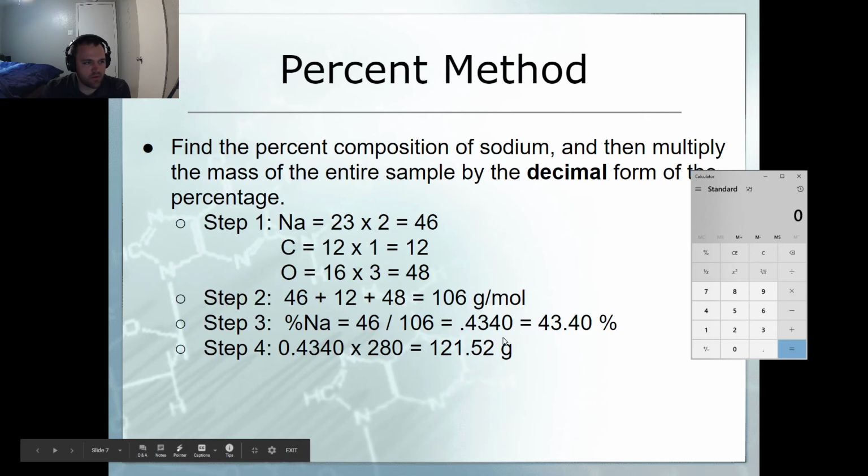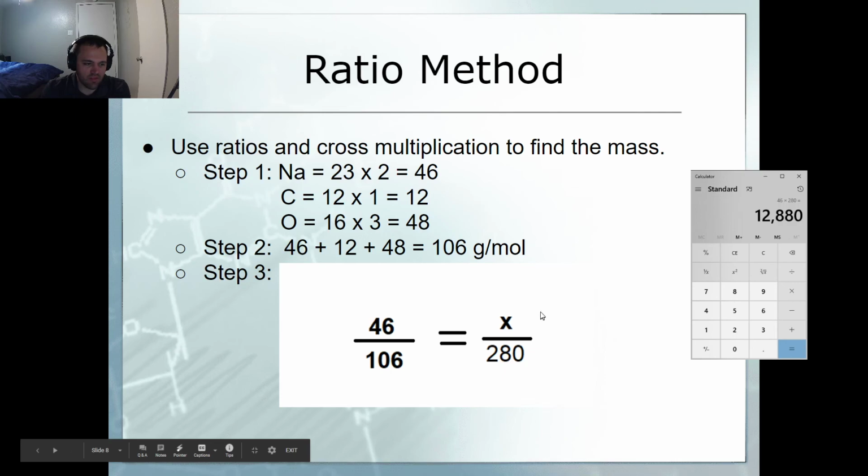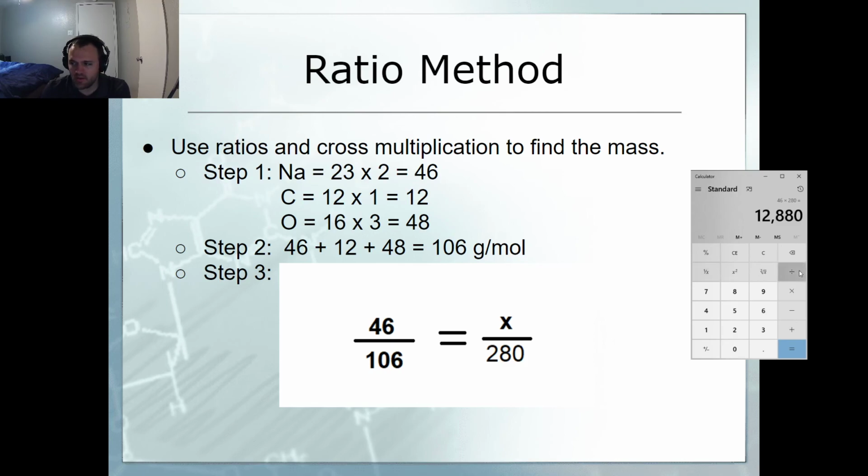And if you're not, you can always just use the percent method. So for this, if we're going to cross multiply, we would go 46 times 280. And that comes out as 12,880. We also have 106 times x is what it would be equal to. And then to get x by itself, we would have to divide by 106.